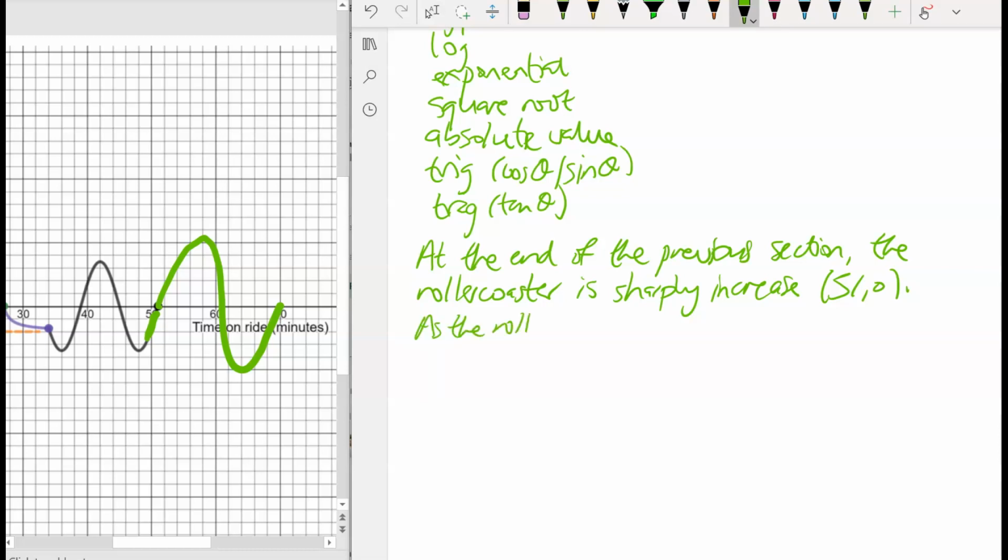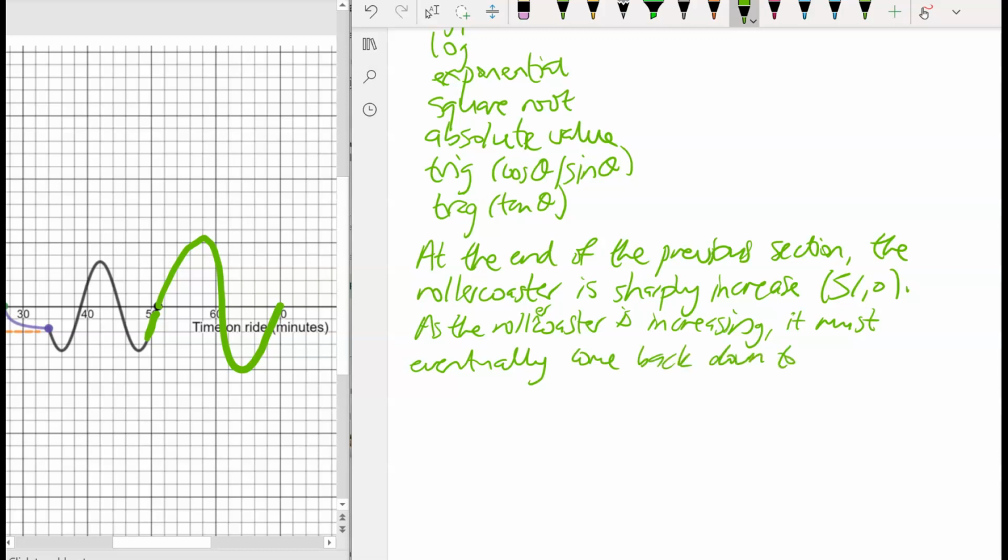As the roller coaster is increasing, it must eventually come back down to the ground level to finish at 70,5.